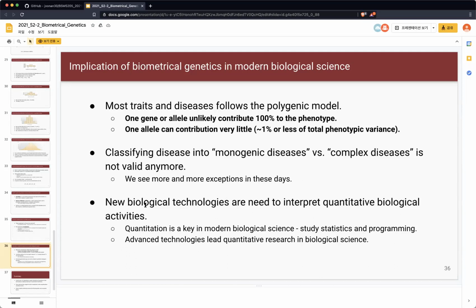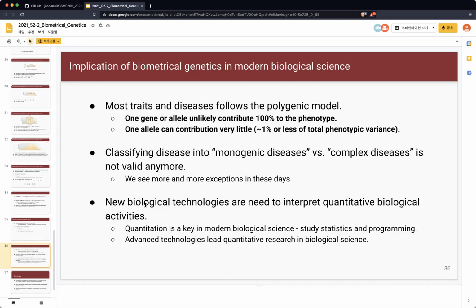The reason is that over the last decade, we have new biological technologies like genomic sequencing, cloud computing, machine learning, and new types of fancy algorithms. We are seeing a totally new dimension of biological traits and phenomena.